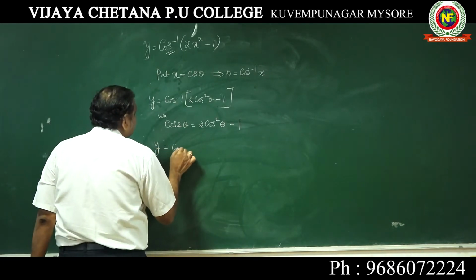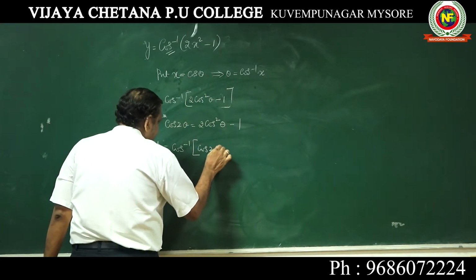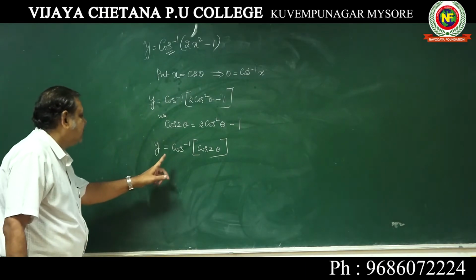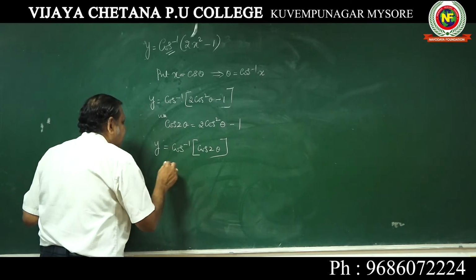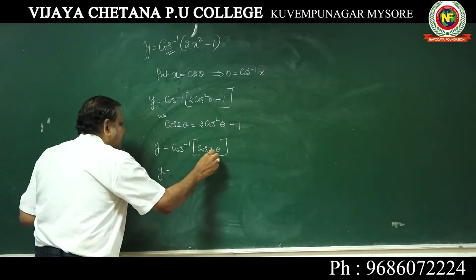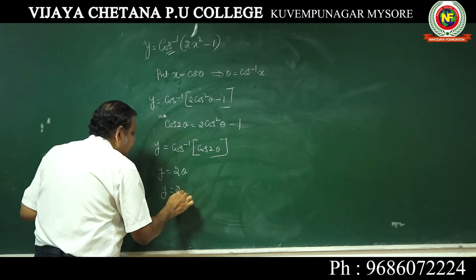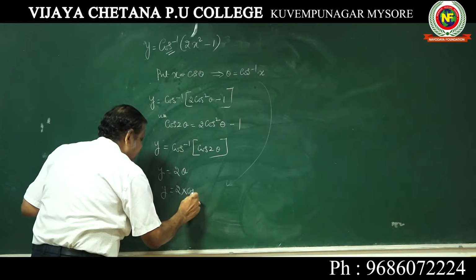Now y is equal to cos inverse cos 2 theta. What is cos inverse of cos 2 theta? Cos inverse of cos x is x, so it is 2 theta, or y is equal to 2 into theta. What is theta? Here, cos inverse x.